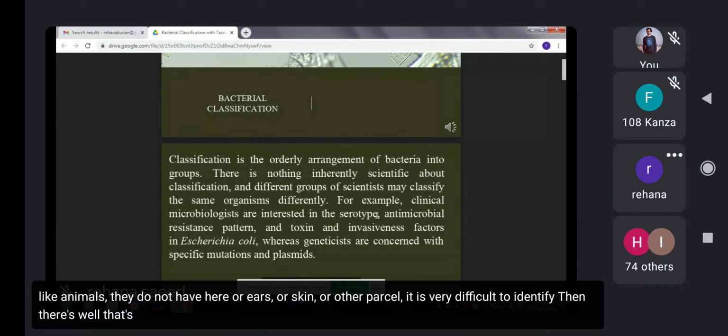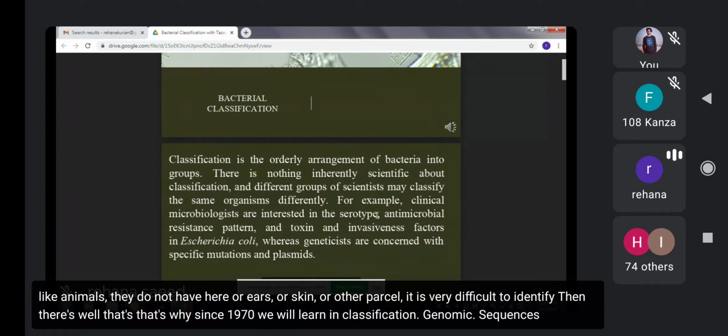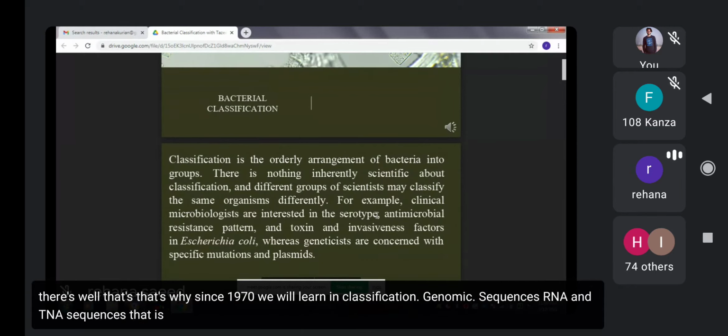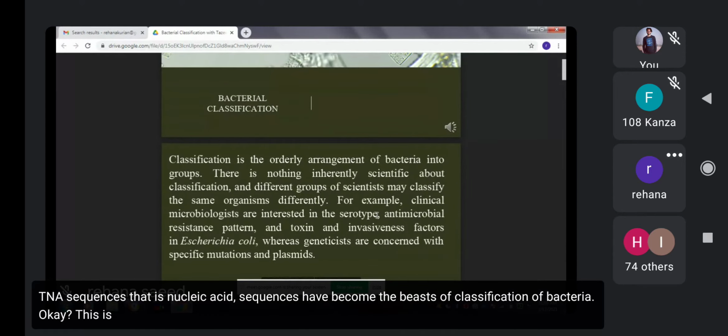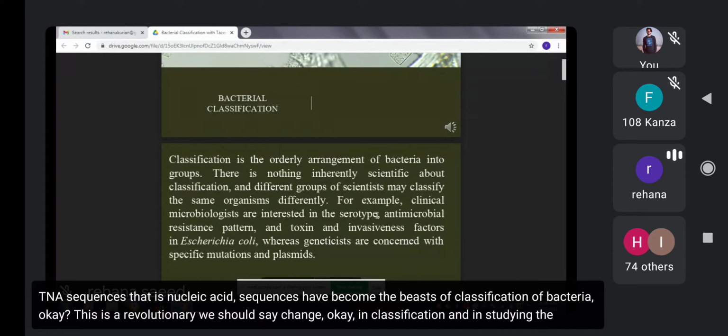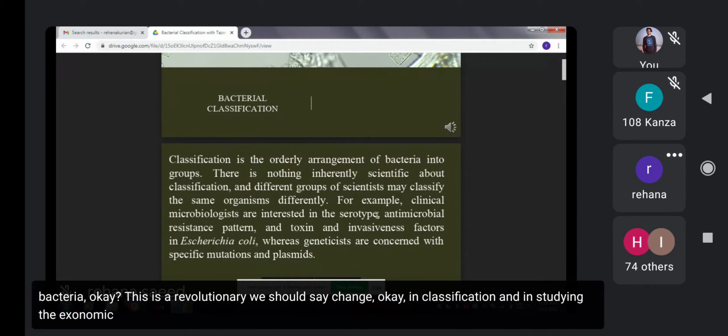That's why since 1970, as we will learn in classification, genomic sequences, RNA and DNA sequences, that is nucleic acid sequences, have become the basis of classification of bacteria. This is a revolutionary change in classification and in studying the taxonomic basis of microorganisms.